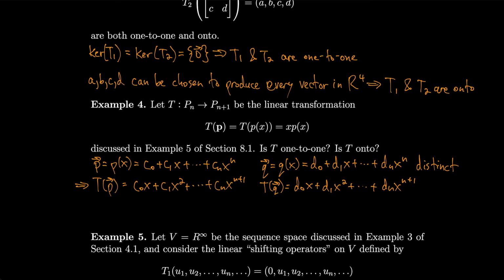If these were distinct to begin with, the coefficients are distinct, so these must be distinct as well because they have different coefficients. So that means that T is one-to-one.